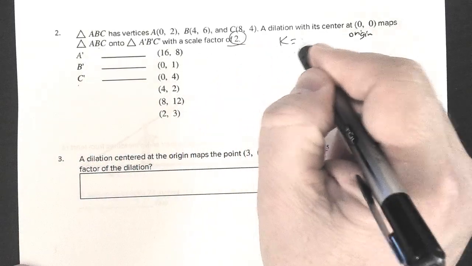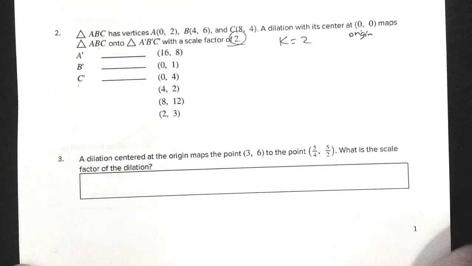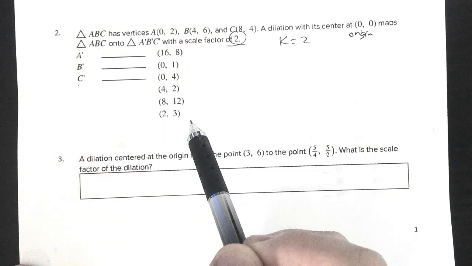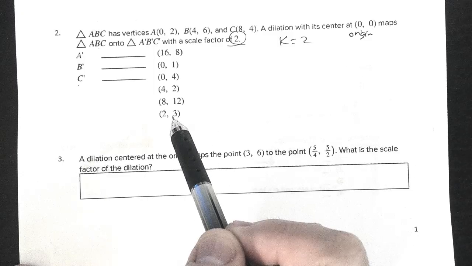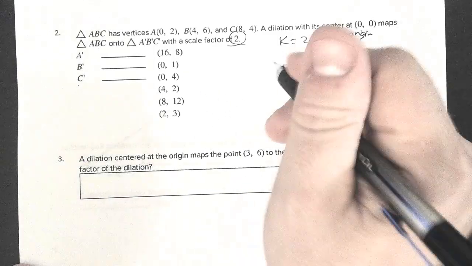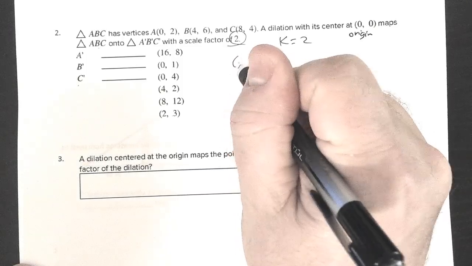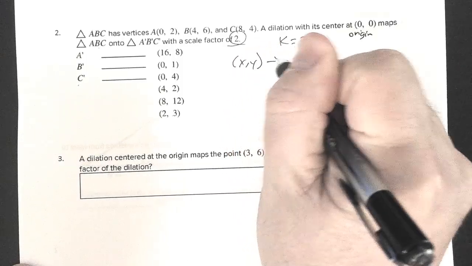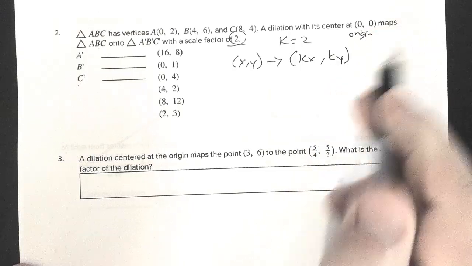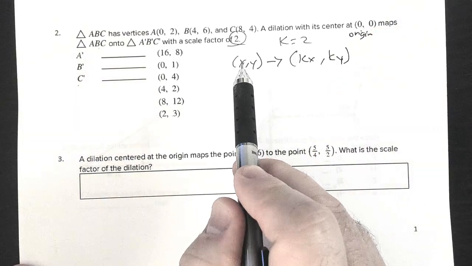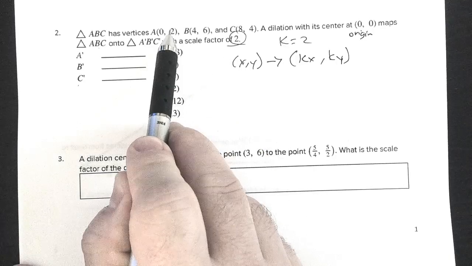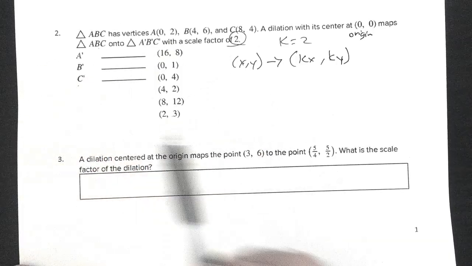So K equals 2, and they want the new coordinates. If this was the online assignment, you would drag and drop whichever was correct. For this, X comma Y is going to be KX comma KY. So we're just multiplying an X by K and a Y by K.